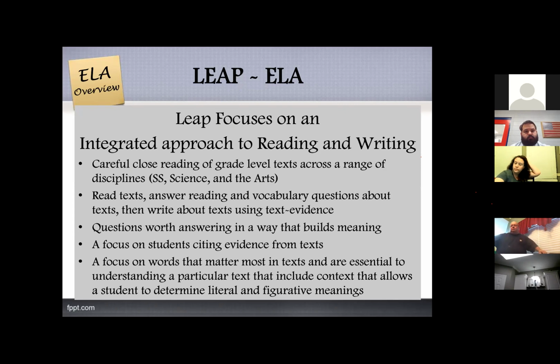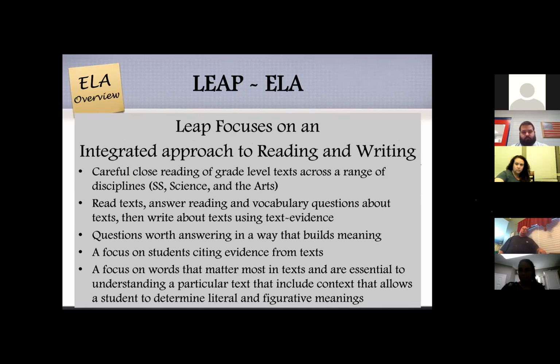They focus on close reading at the grade level that they're working on, across a range of disciplines: science, social studies, and the arts. That means the text they're reading in ELA might have to do with science or social studies, the context behind it. They're going to be required to read text, answer reading and vocabulary questions about the text, and write about the text using text evidence.